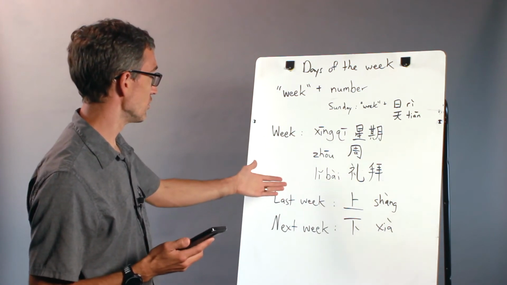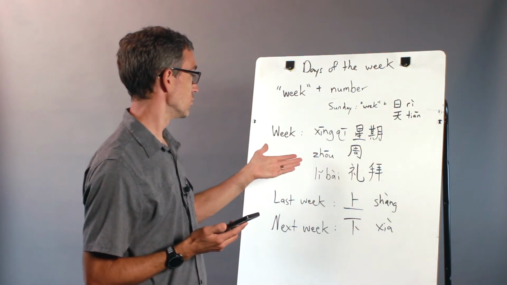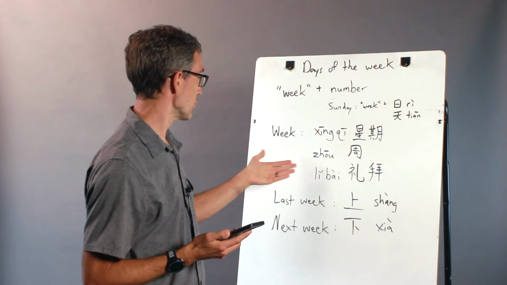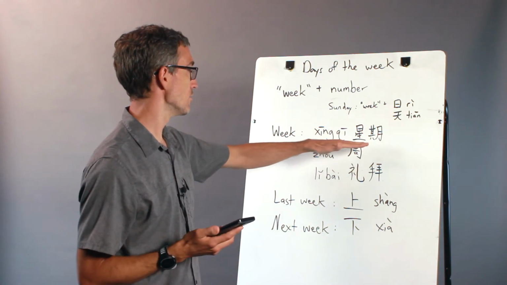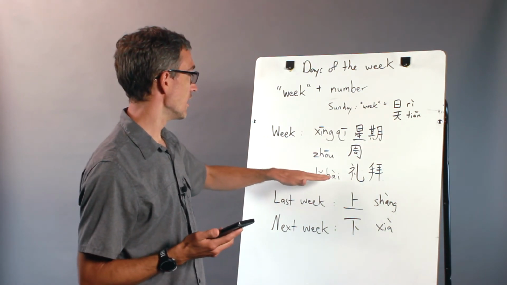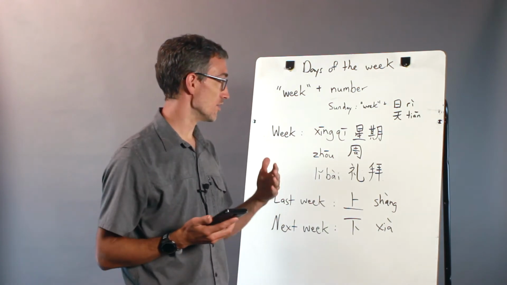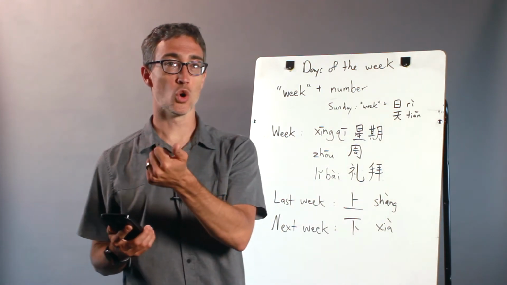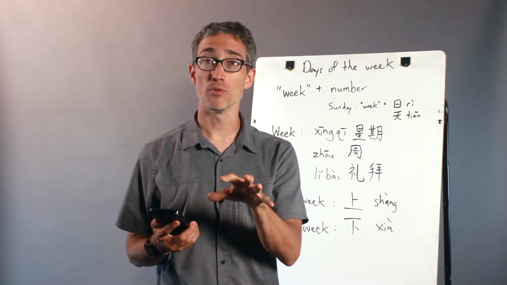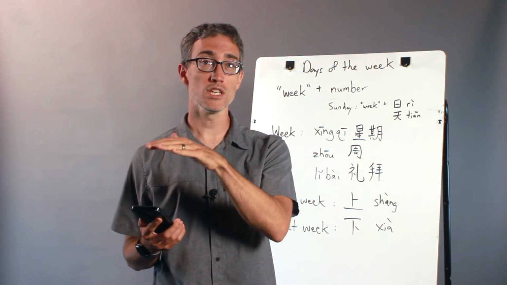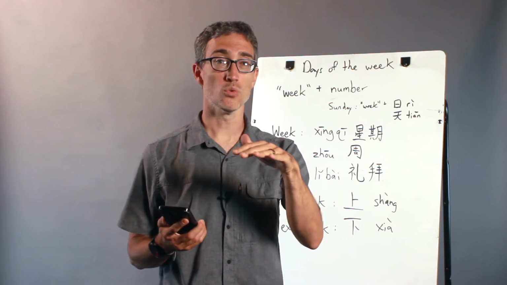Now I'm going to tell you quickly about the other words for the week. So 星期 is the main one, the most common one. 周 is probably the next most common one, and the same thing applies. 周 sounds a little more formal. So 周一, 周二, 周三, 周四, 周五, 周六.